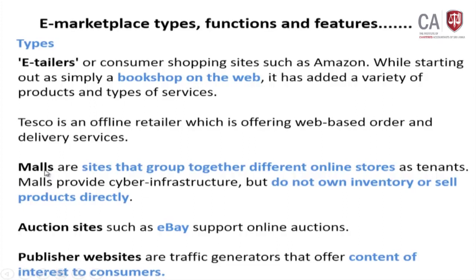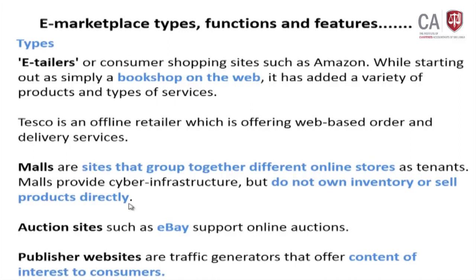What is this? Malls. Malls are sites that group together different online stores as tenants. A mall provides cyber infrastructure but does not own inventory or sell products directly. In shopping malls, there can be so many sellers. If you go to the new shopping mall in Goldpace, One Goldpace, there are so many sellers.